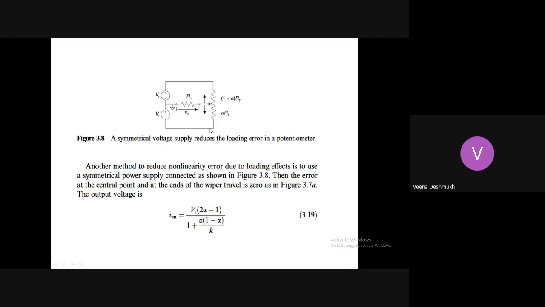Now, what exactly is this loading error? See, the loading error, what I mentioned there, is the output circuit resistance, which comes in parallel with the part of the potentiometer resistance. So due to this parallel combination, effective resistance will be reduced.